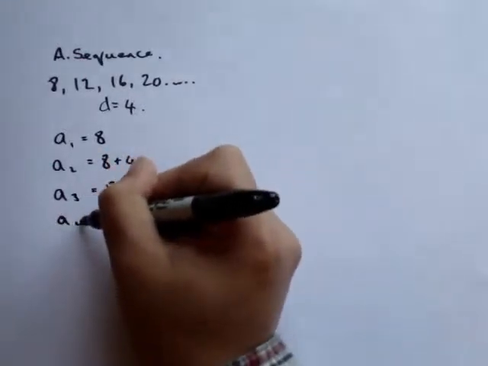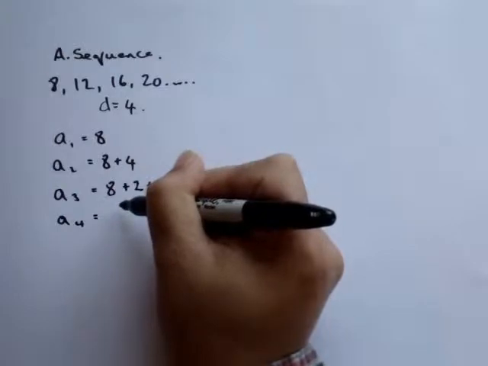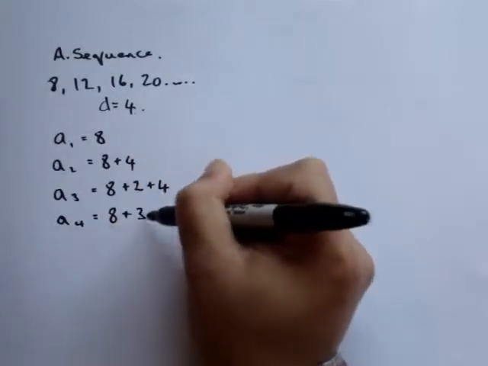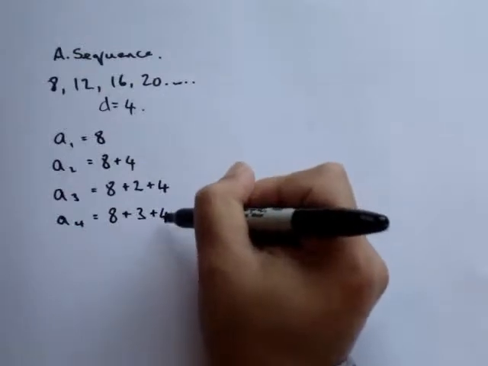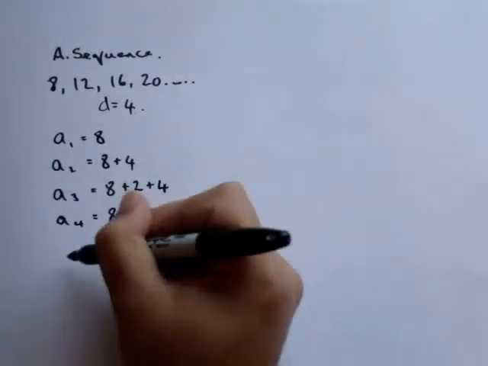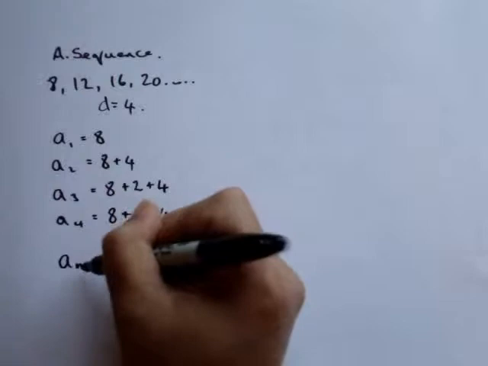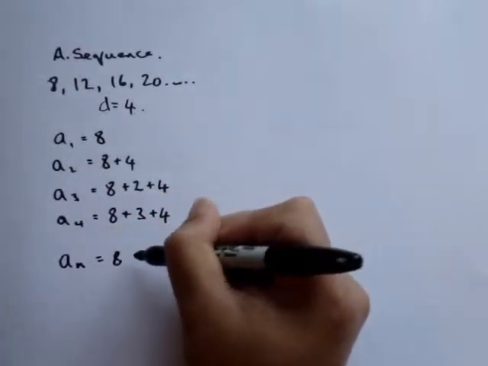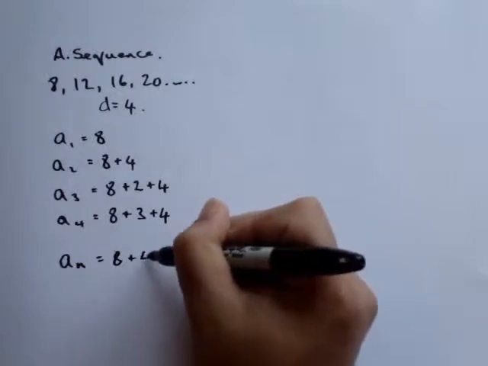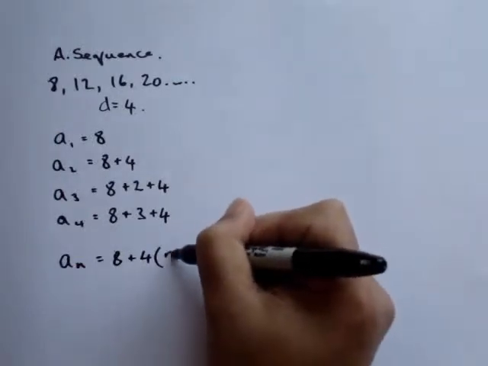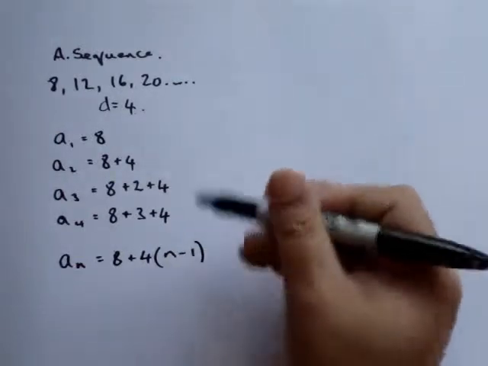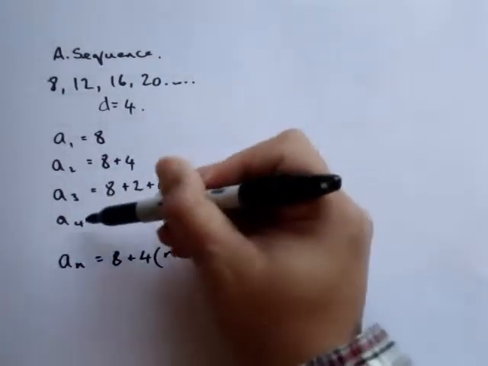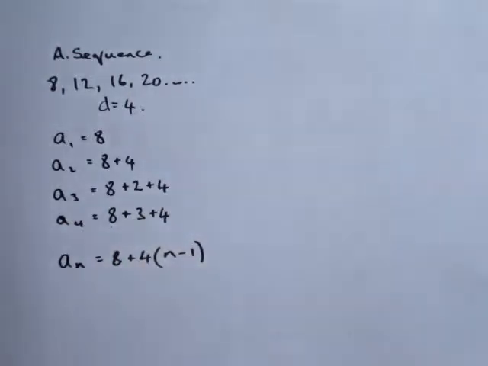A sub 4 is 8 plus 3 times 4. So A sub n, which would be the nth term, is 8 plus 4 times n minus 1, because we notice that on the third term this is n minus 1, and in the fourth term this is n minus 1.